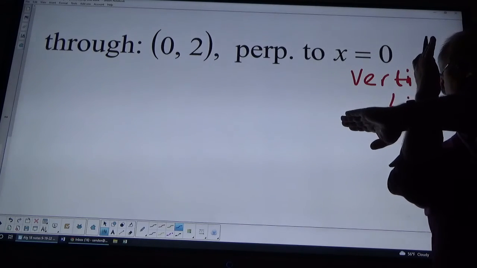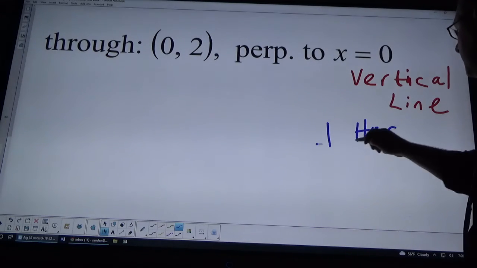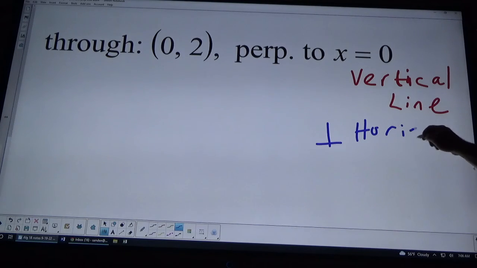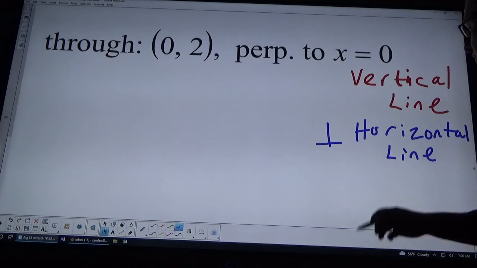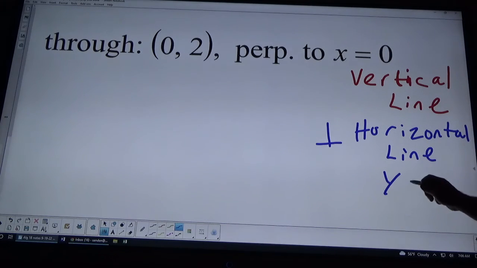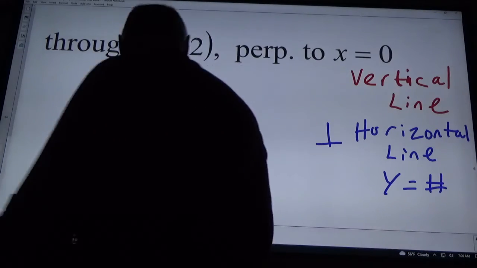A horizontal line. So their perpendicular is a horizontal line. Horizontal lines are y equals a number. That's how you set horizontal lines up.